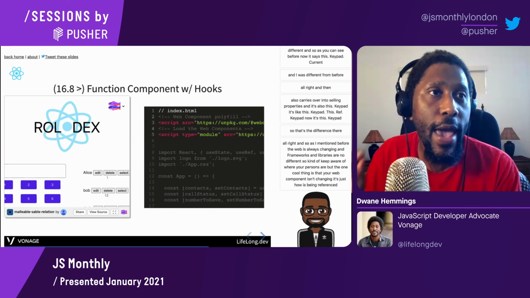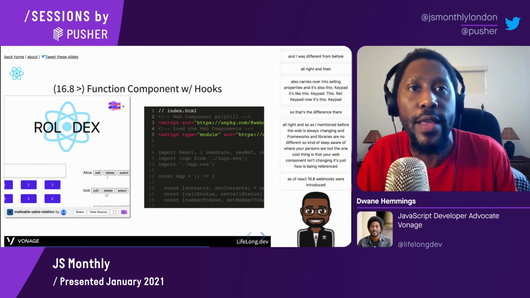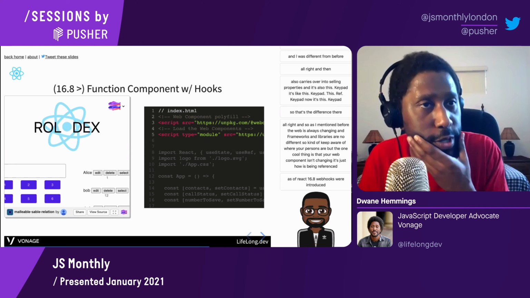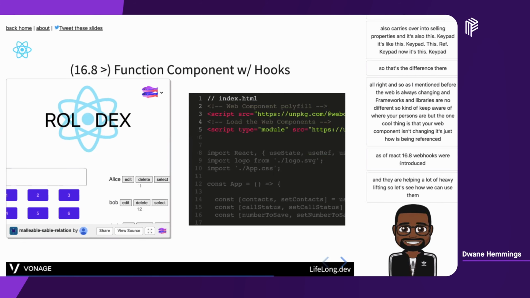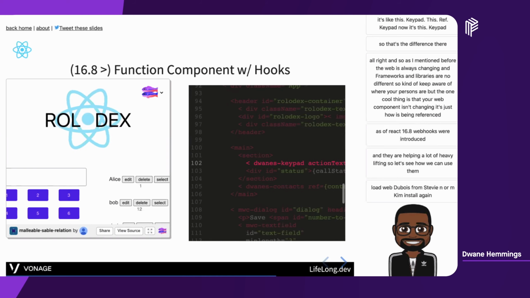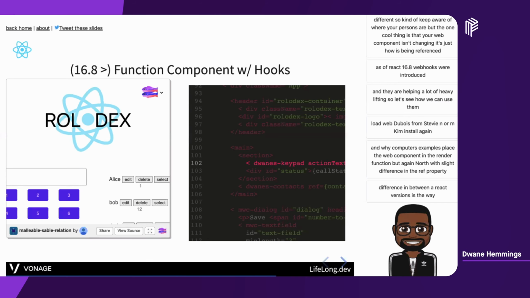So now, as of React 16.8, hooks were introduced, and they help with a lot of heavy lifting. So let's see how we can use them. Load the web component from CDN or npm install again. And like the previous examples, place the web component in the render function. But again, notice a slight difference in the ref property. Now, the only real difference between React versions is the way the reference to the web component is created and used.